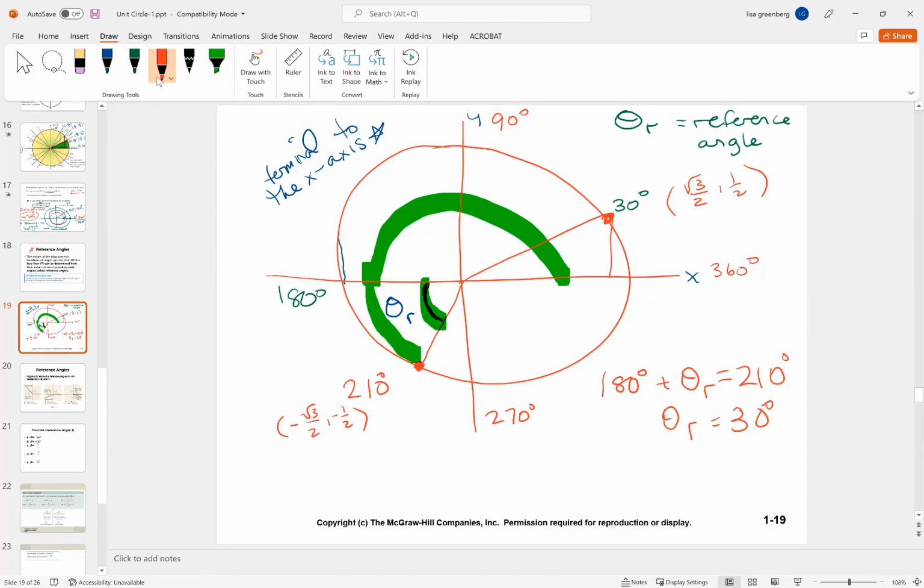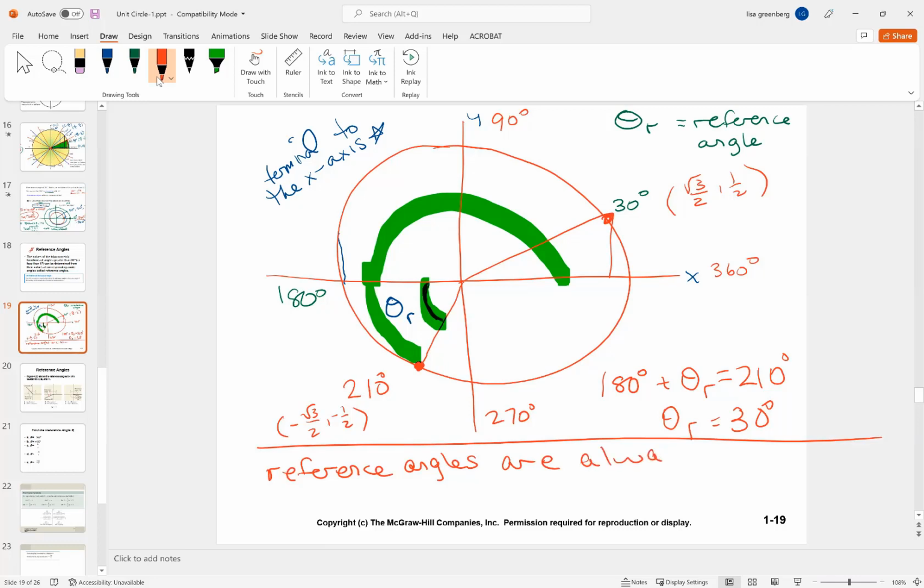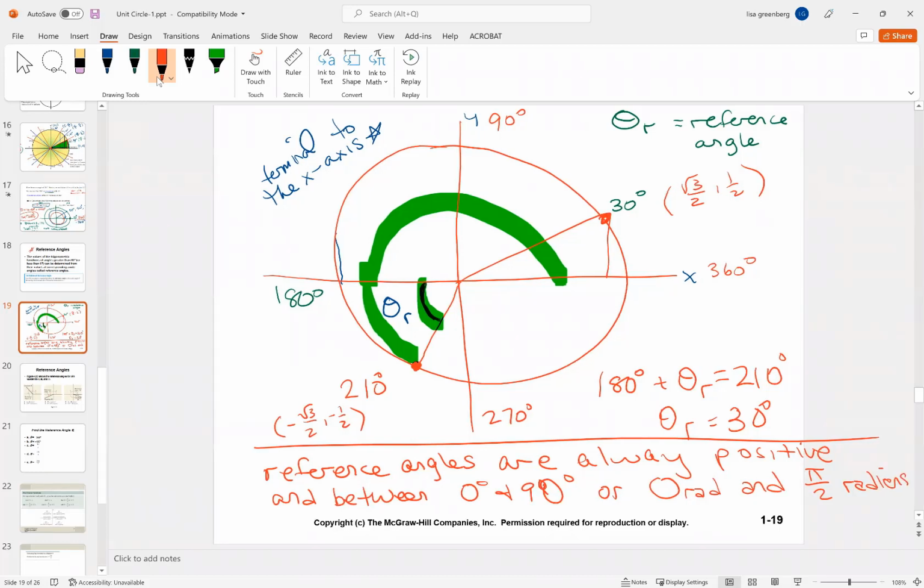And the reference angle is always going to reference quadrant 1. Reference angles are always positive and between 0 and 90 degrees, or in radians, between 0 radians and pi over 2 radians, because that's quadrant 1.